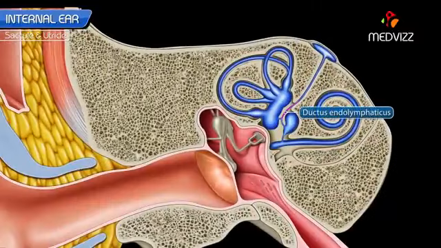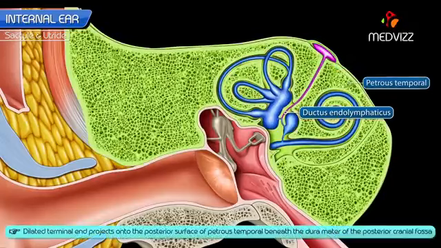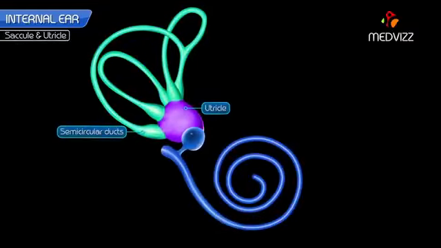The endolymphatic duct passes through the aqueduct of the vestibule in the posterior part of the petrous temporal. Its dilated terminal end projects onto the posterior surface of the petrous temporal, beneath the dura mater of the posterior cranial fossa. The utricle receives the three semicircular ducts posteriorly through 5 openings.